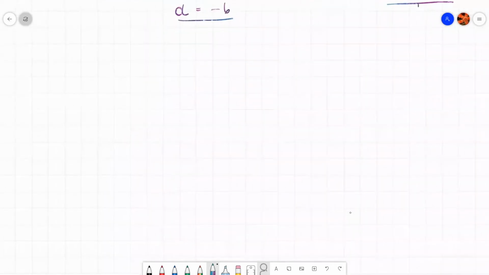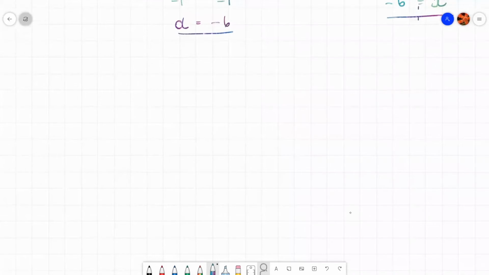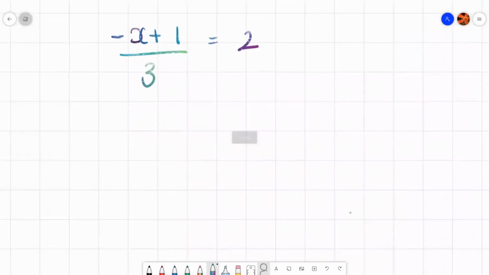Let's have a look at another dividing one like that, and then we'll have a look at one with a bracket. Let's have a look at minus x plus 1 over 3 equals 2. Okay, draw a line down the middle.